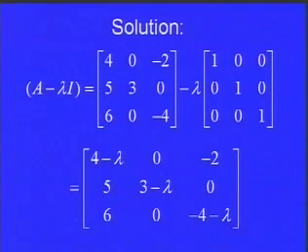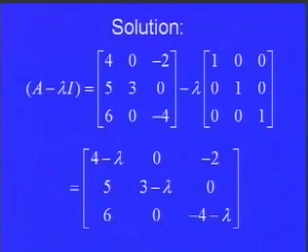That's the only thing that's changed. I have 4 minus lambda, then 3 minus lambda, then negative 4 minus lambda on the main diagonal. All of the other entries are exactly like they were with A. So like I said, the only thing that occurs when you do A minus lambda I is that the main diagonal gets a minus lambda attached to everybody.